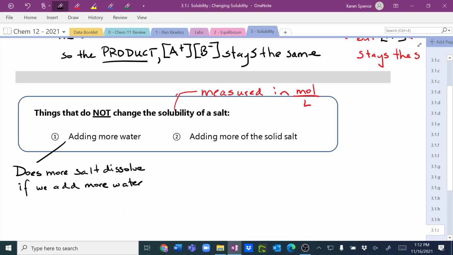But the key thing is not only do I have more salt, but I also have more water. So have I changed the ratio of moles to liters? No, because I've increased the moles that are dissolved, but I've also increased the volume it is dissolved in.